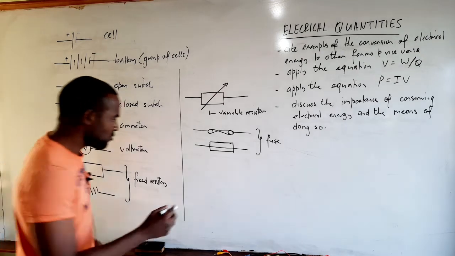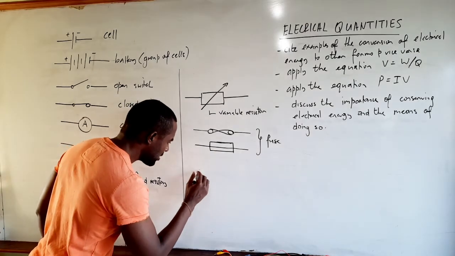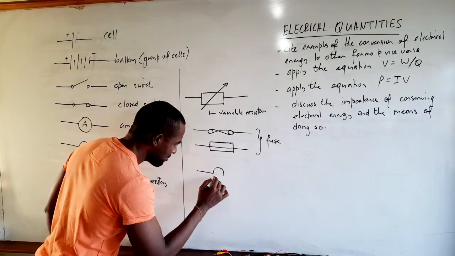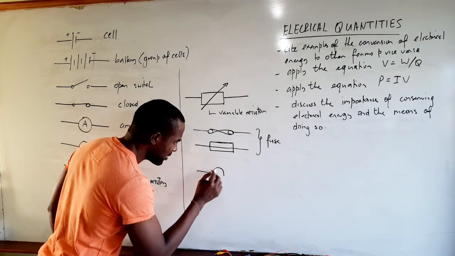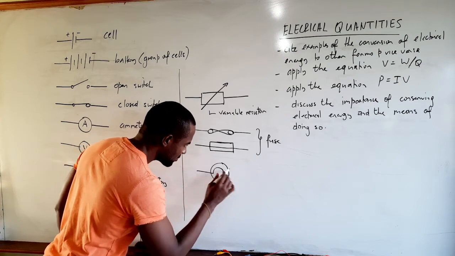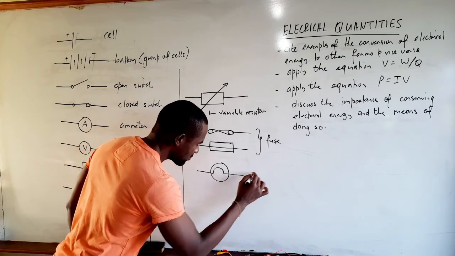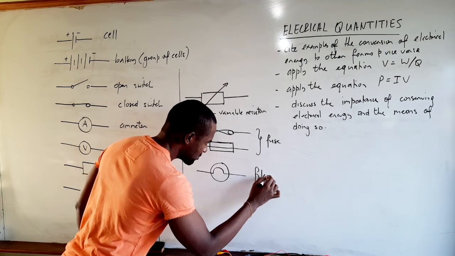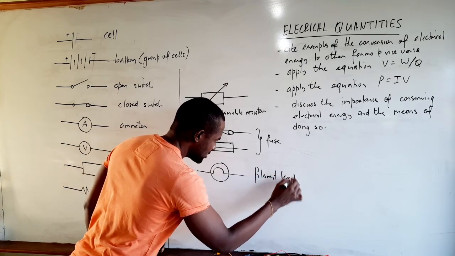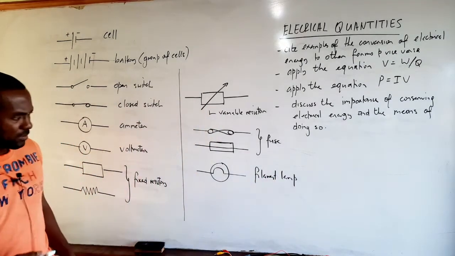Let's put a few more. We may see what is called a filament lamp. So this is a filament lamp.